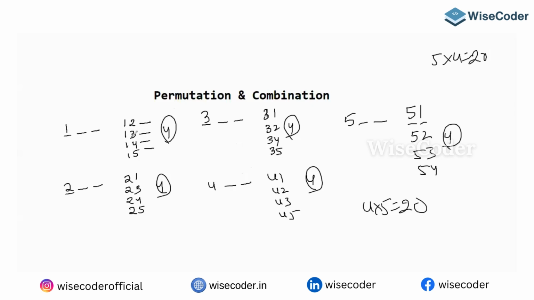You cannot use again whatever digits you have used. Yes or no? So there are 20 ways, and further there are 3 ways. That is nothing but 20 into 3, that will give you what? 60 ways.